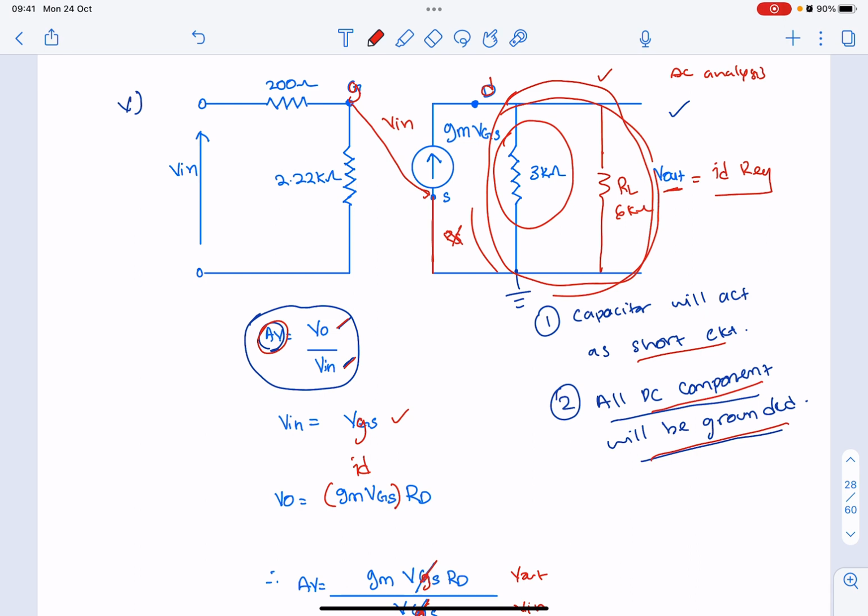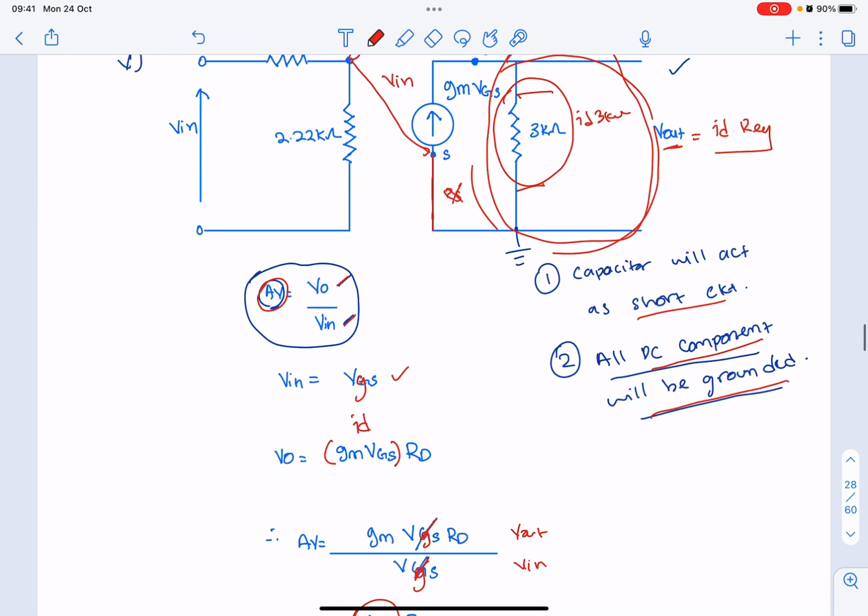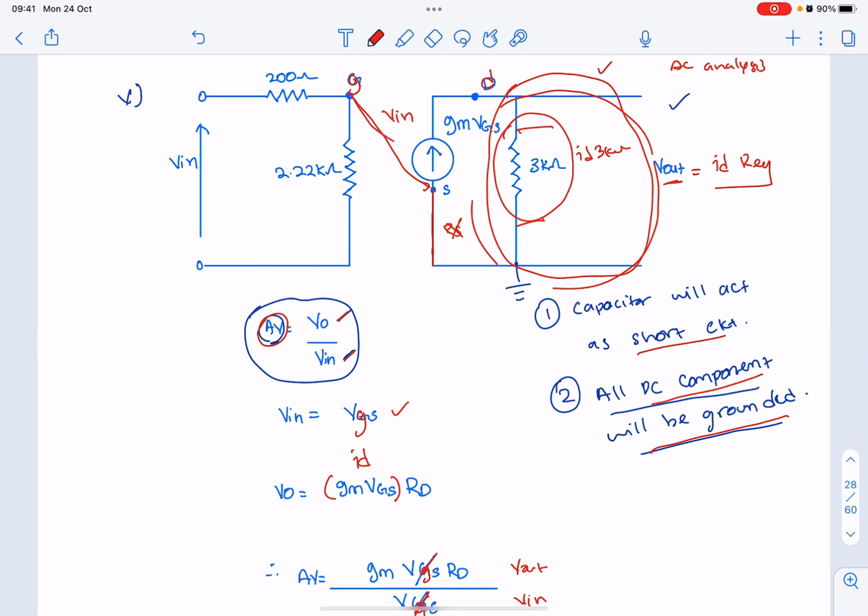If you have a load resistor, you need to add one more here, call it RL. But if there is no load resistor, you can erase this part. So you just use this voltage as your V out, which is across the 3 kilo ohm RD. So Vin is equal to VGS, directly VGS, because there is no RS here.